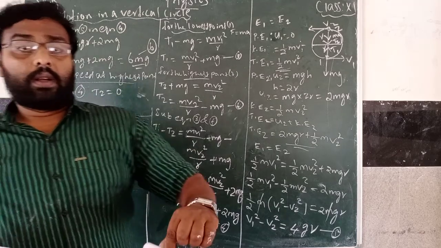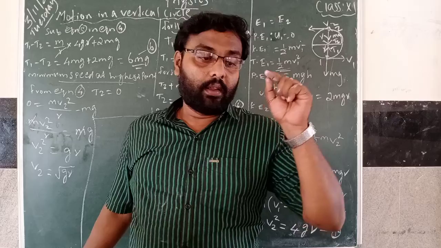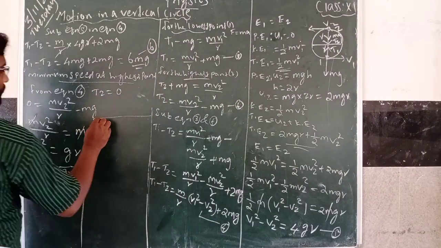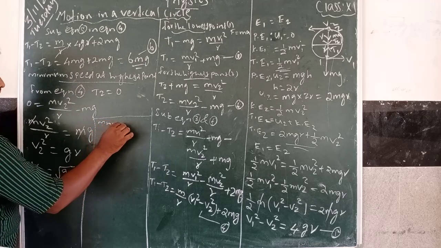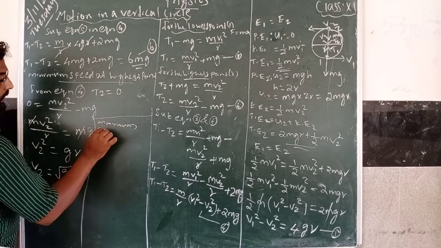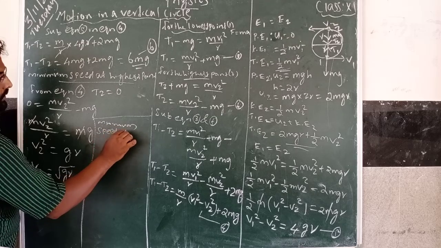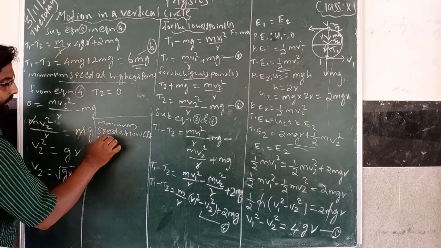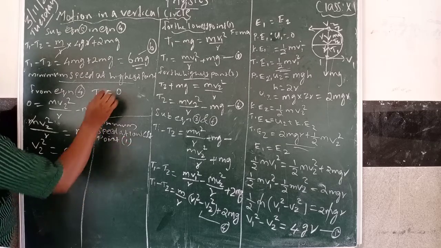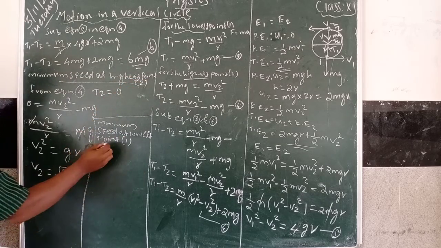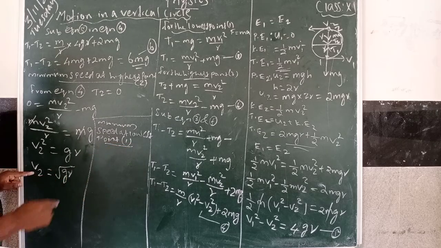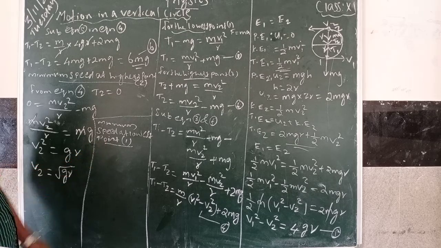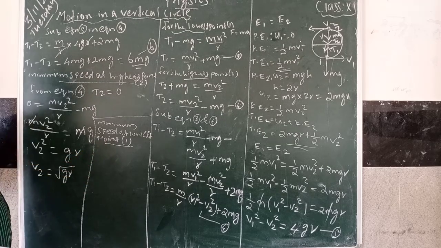Now you can find out the minimum speed at the lowest point. Point 1 is the lowest point, point 2 is the highest point. So we already found the minimum speed at the highest point, V2. Now you can find out the minimum speed at the lowest point, V1.